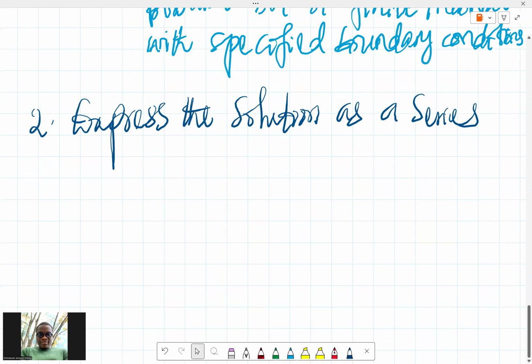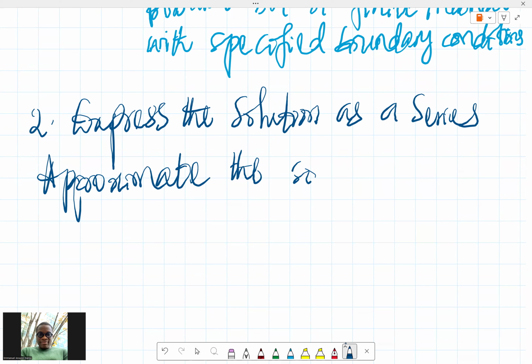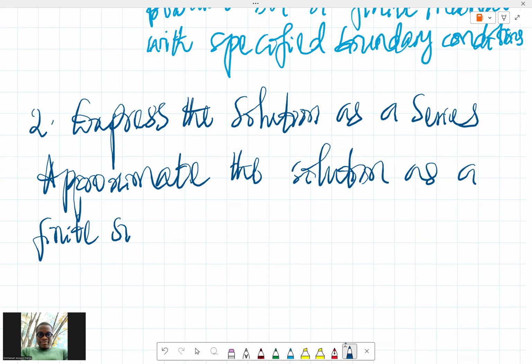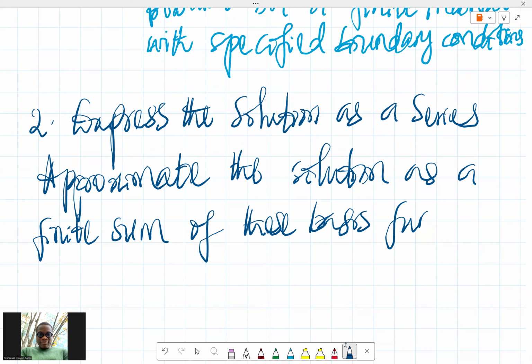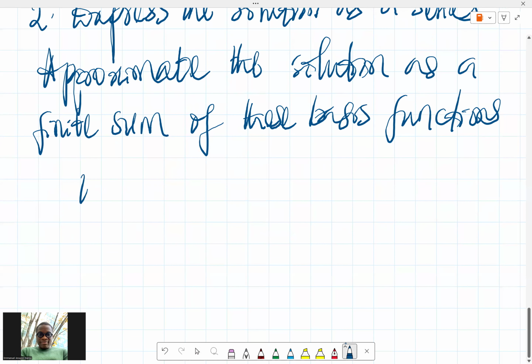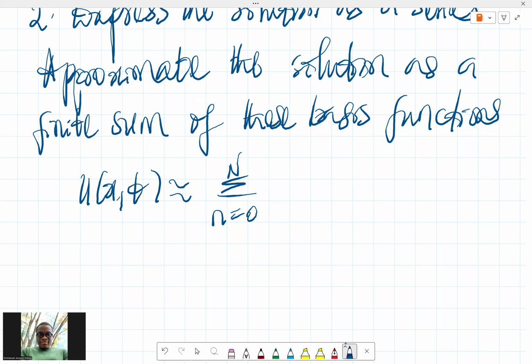You approximate the solution as a finite sum of these basis functions, where u of x, t is approximately the summation from n equals 0 to big N of u_n(t) phi_n(x). So you have space and time well captured here.